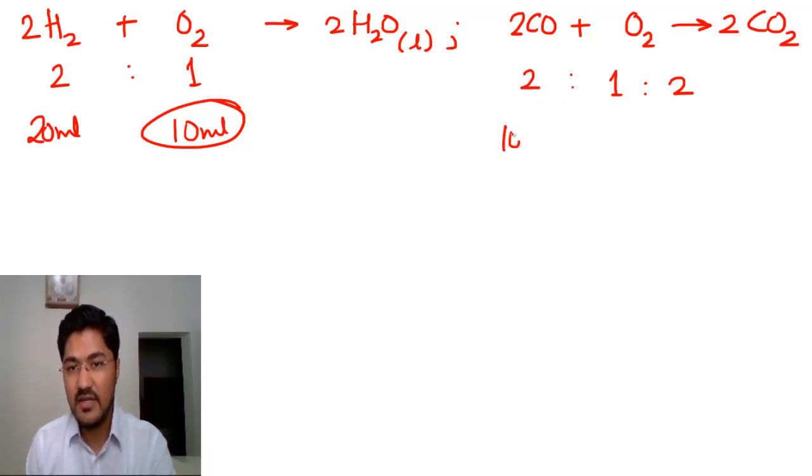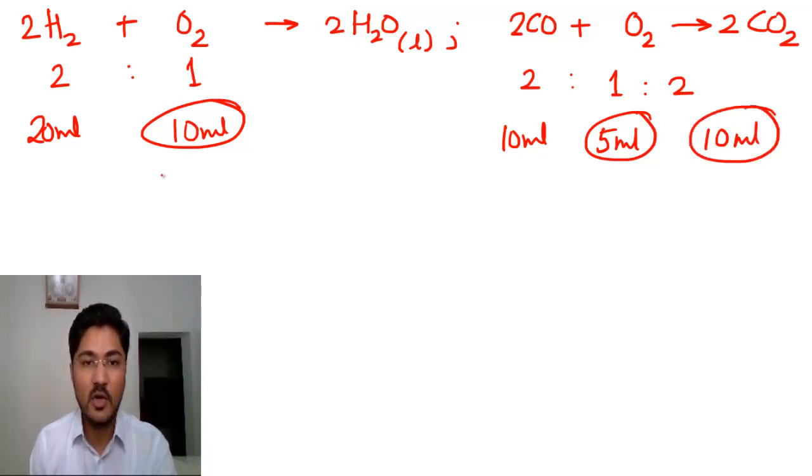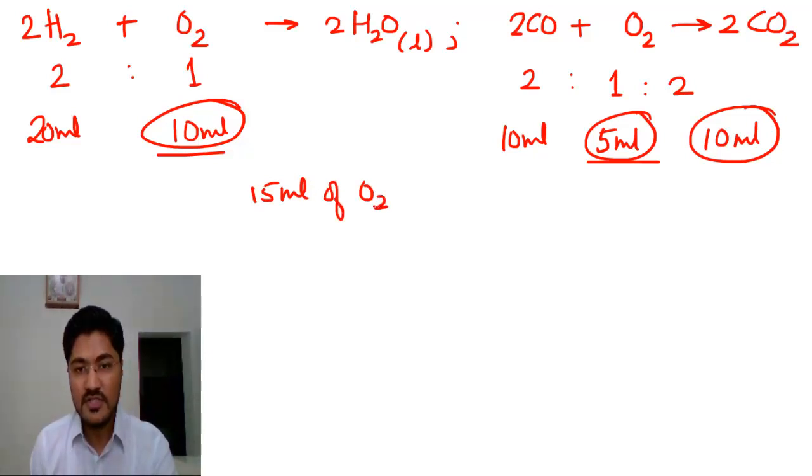Carbon monoxide is given 10 ml, which will react with one part, that is 5 ml of oxygen, to give 2 parts, that is 10 ml of carbon dioxide. If you have observed, we have consumed 10 plus 5, that is a total of 15 ml of oxygen from 20 ml. So we are left with 5 ml of oxygen here.